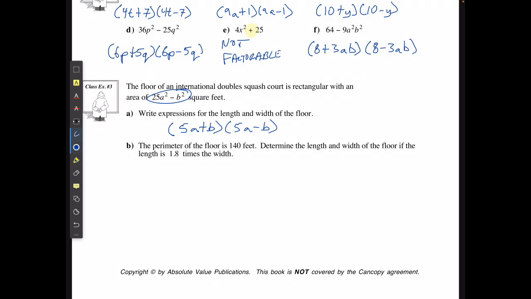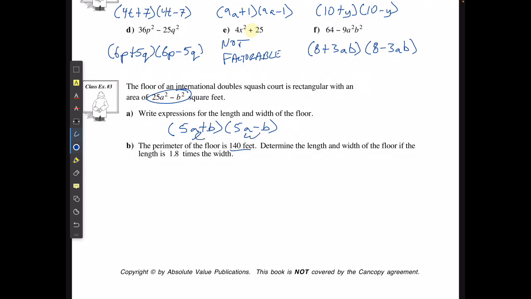The perimeter of the floor is 140 feet. Determine the length and width of the floor if the length is 1.8 times the width. So the length is longer than the width, so I'm going to assume this is my length and this is my width.